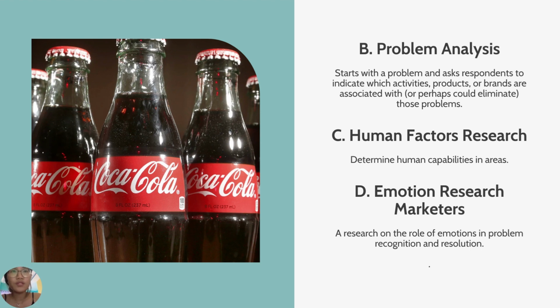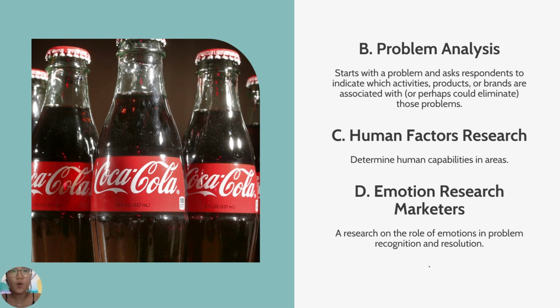Next we move to human factors research, which determines human capabilities in areas such as vision, strength, response time, and flexibility, and the effect on these capabilities of lighting, temperature, and sound. This type of research sometimes identifies functional problems that consumers are unaware of. The last one is emotion research.